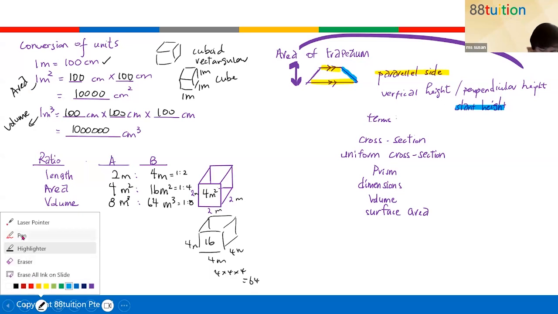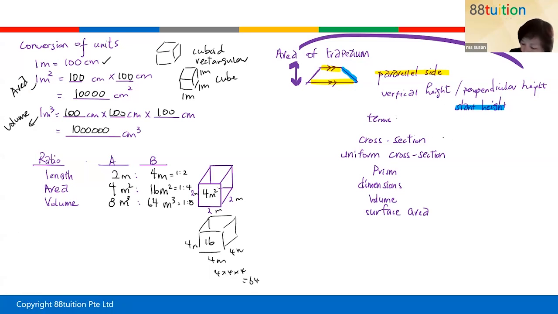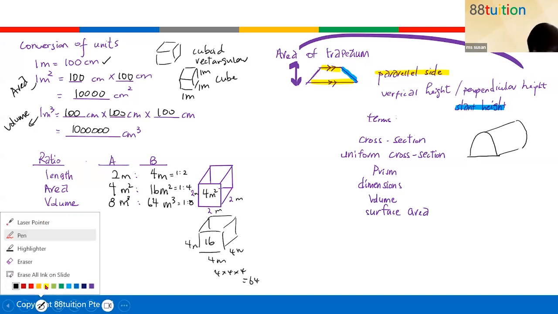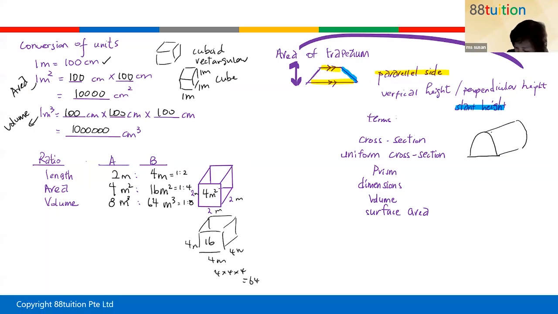I want to introduce you some terms here. One is called the cross-section. Now, cross-section is something like, I have a shape, for example, I have this one, and then I have something like that. Imagine that this is a loaf of bread. What will you do? You will want to cut them into what? For example, Swiss roll.